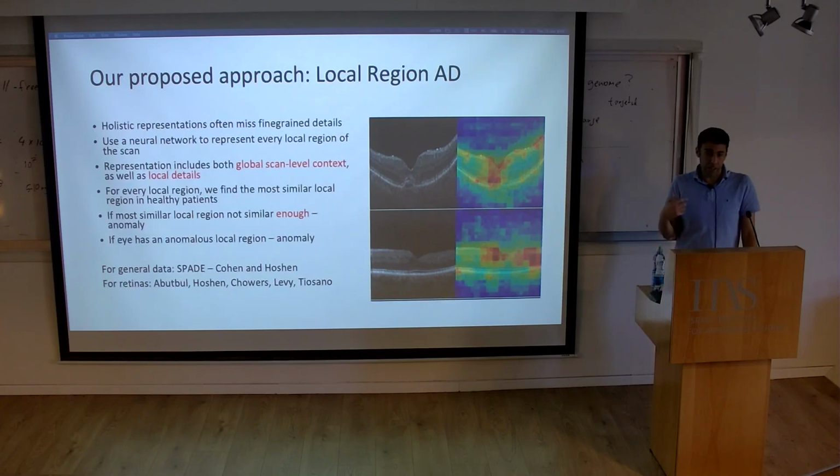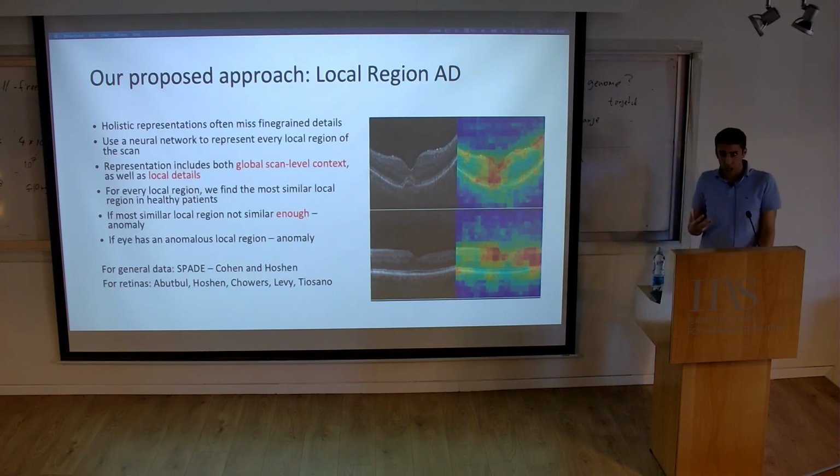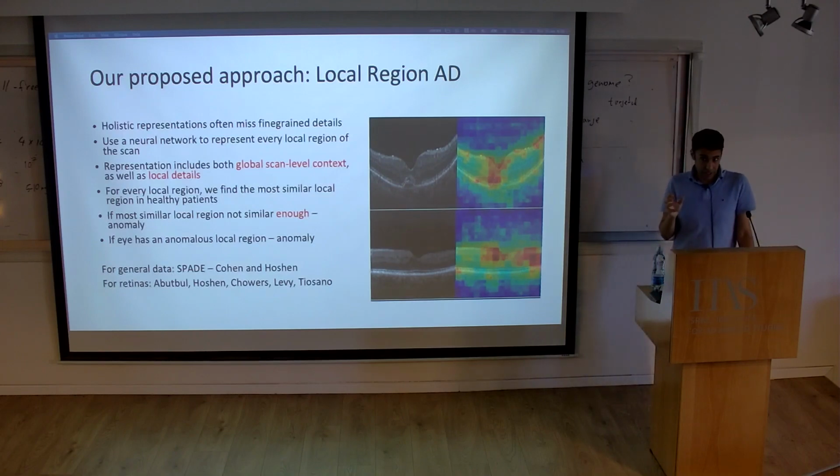And the second thing is that it could pinpoint the exact pixels which it considered to be anomalous. That's not quite the same thing as saying that these pixels indicate some disease. It just indicates that they're anomalous. But at least in the estimation of the physicians that we work with, this indicated pixels which were actually indicative of diseased regions.